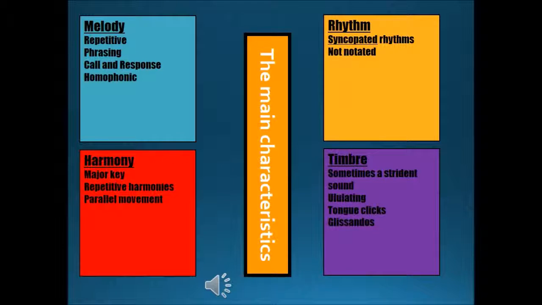The texture of the ensemble is homophonic. So there we heard a couple of effects.